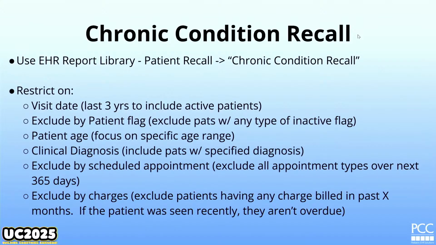And so you're excluding if they have a scheduled appointment coming up, but you're also excluding them if they've had a certain charge or a certain visit recently. If they had a visit recently, they wouldn't be overdue. So you can use that criteria to get kids that are due for a follow-up for a certain condition.